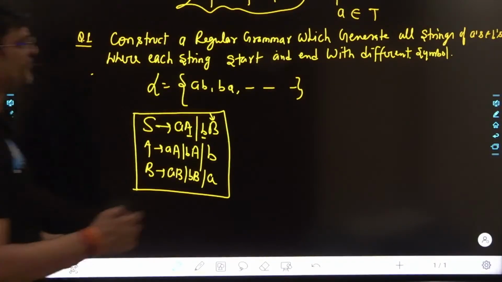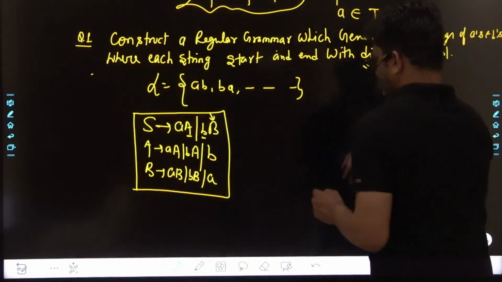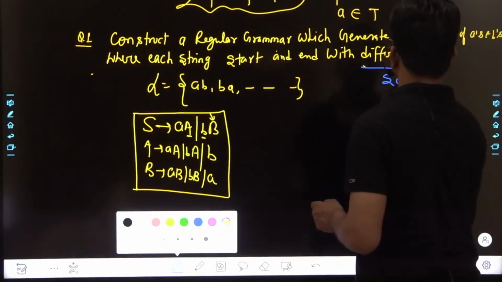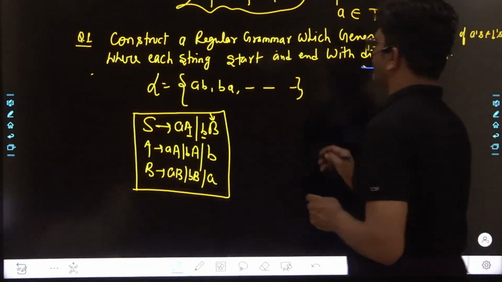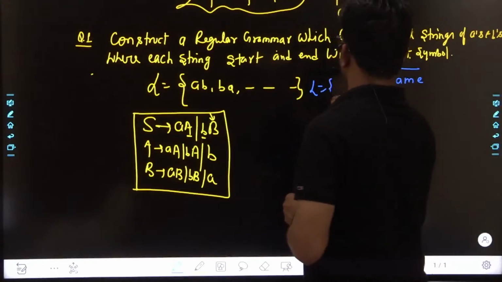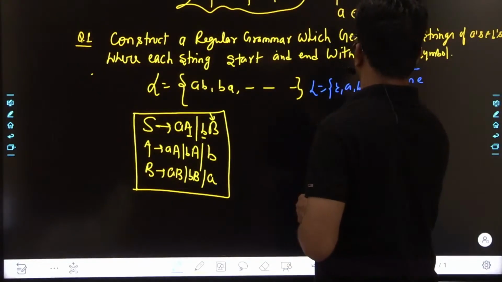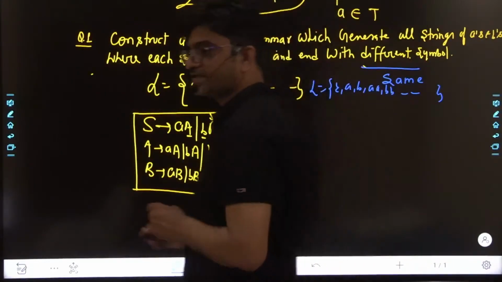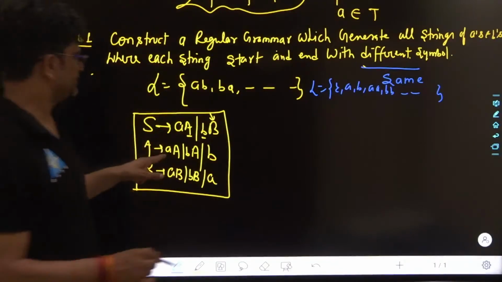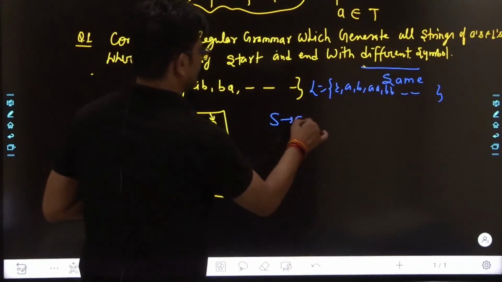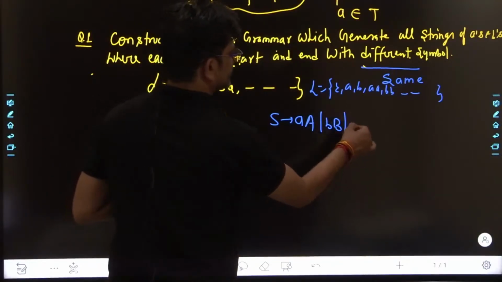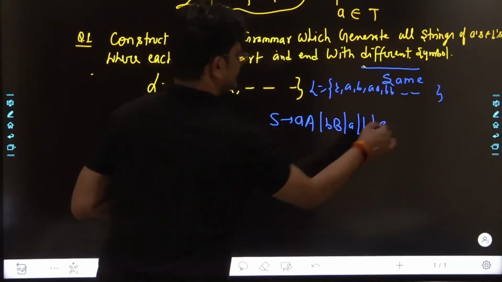Now, if I use the same symbol instead of different, what are the strings present in this language? Epsilon, single A, single B, AA, BB, and many more. S determines either it starts with A or it starts with B. It generates single A, single B, or epsilon.